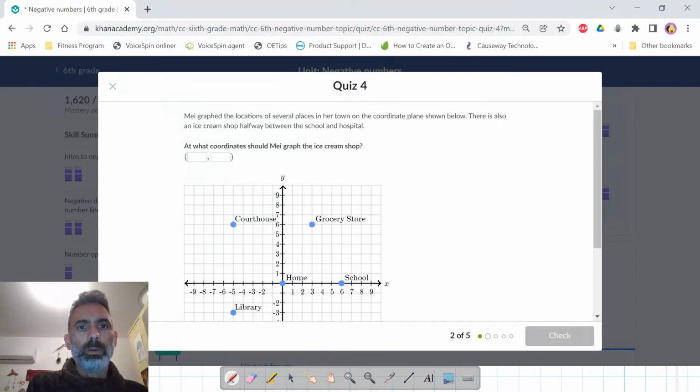May graphed the locations of several places in her town on the coordinate plane shown below. There is also an ice cream shop halfway between the school and the hospital.